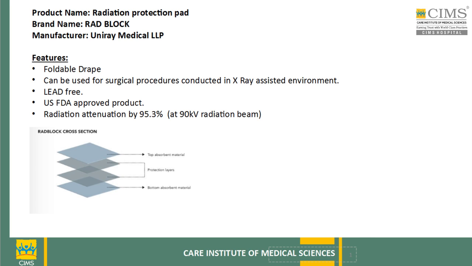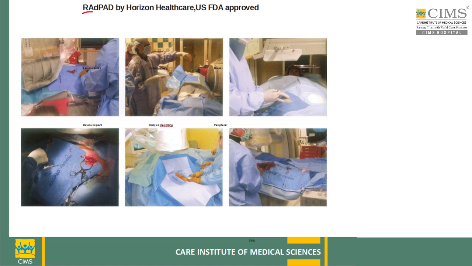The first radiation protection which we do, once the patient is ready and draped, is a radiation pad, which is of 2 kinds. One is the red pad, called Red Block, a radiation protection pad by Uniray Medical LLP. And the second is the red pad by Horizon Healthcare, US FDA approved.